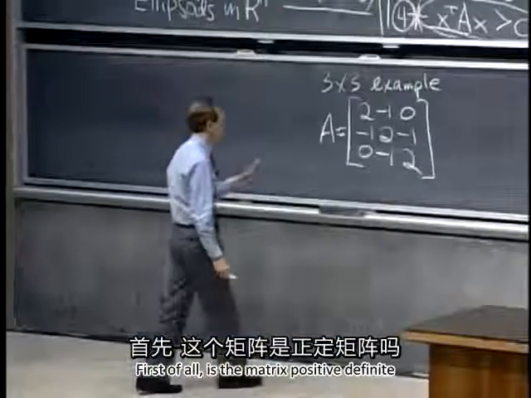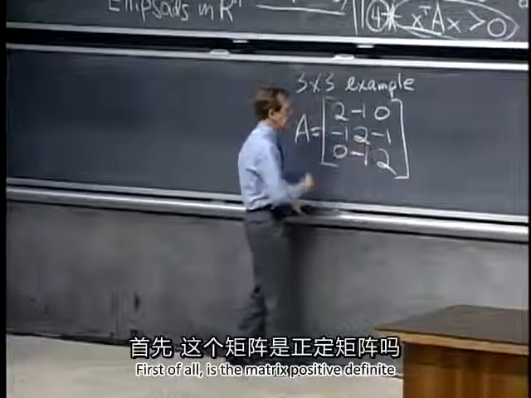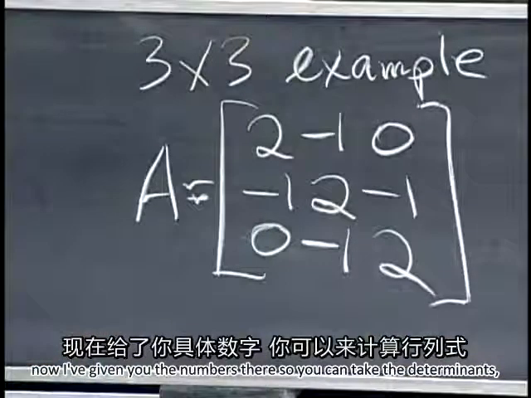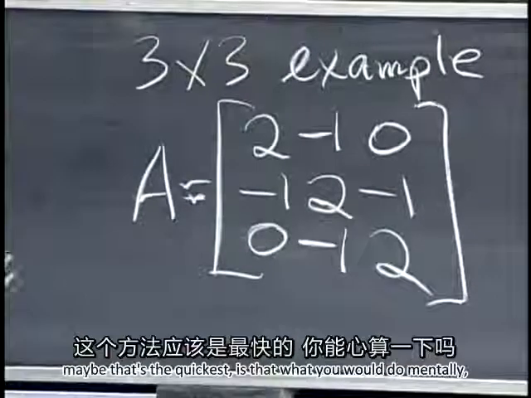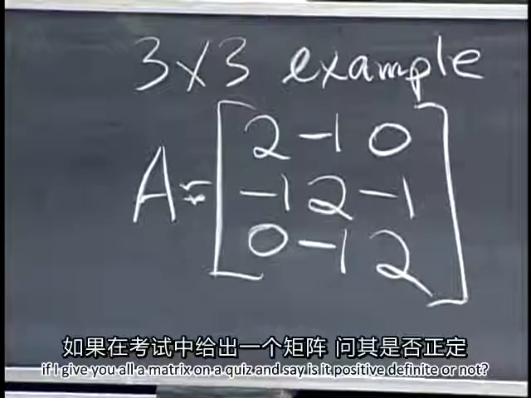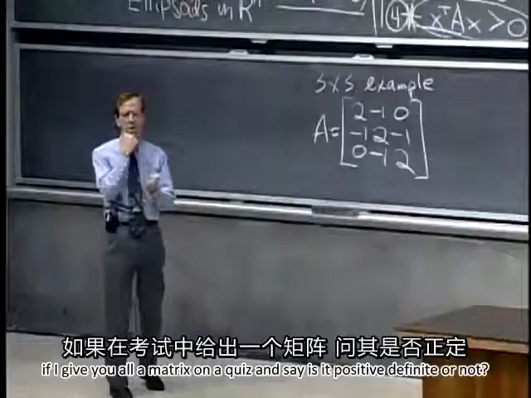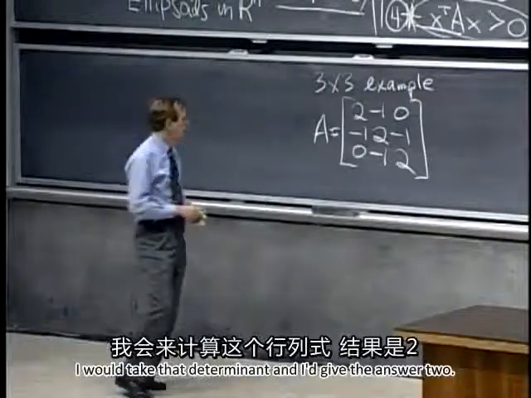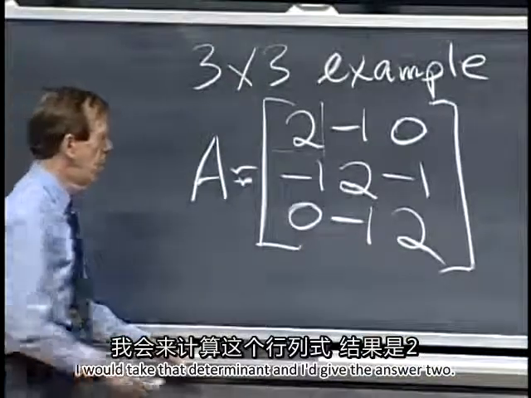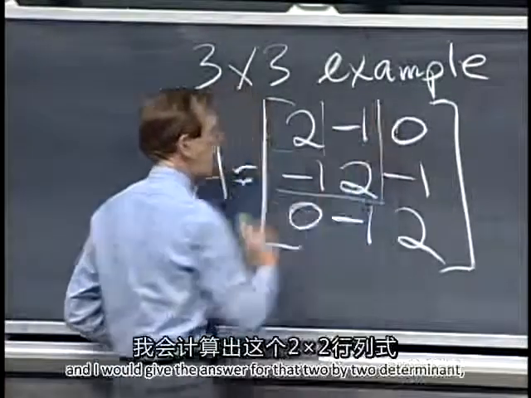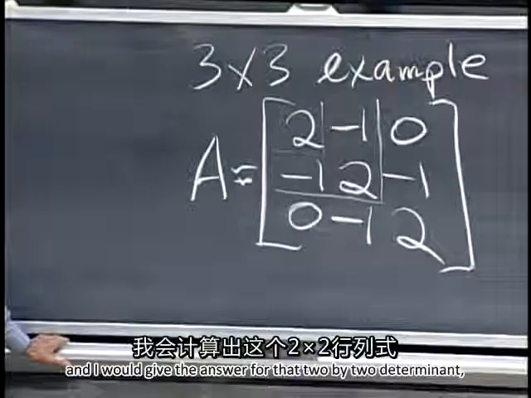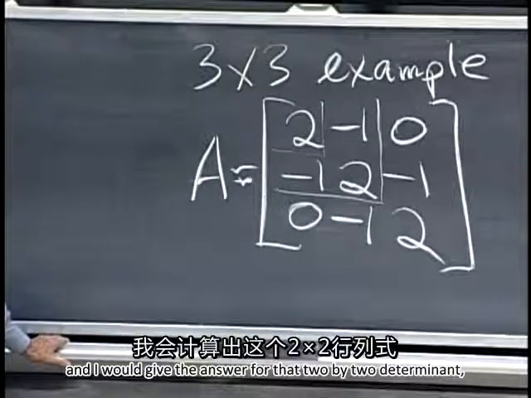First of all, is the matrix positive definite? I've given you the numbers there, so you can take determinants. Maybe that's the quickest. Is that what you would do mentally? If I give you a matrix on a quiz and say, is it positive definite or not? I would take that determinant, and I'd get the answer 2. I would take that determinant and I would get the answer 3 for that 2 by 2 determinant.